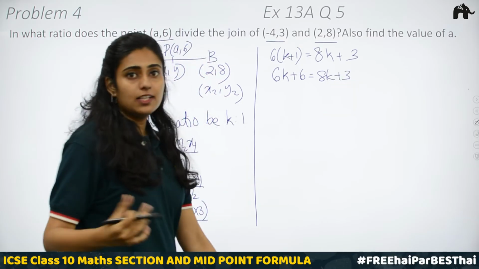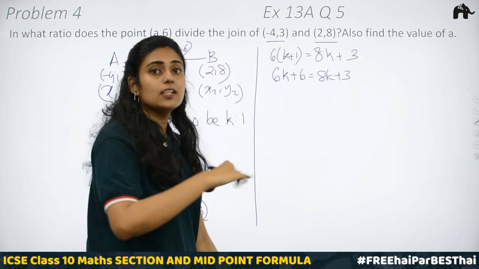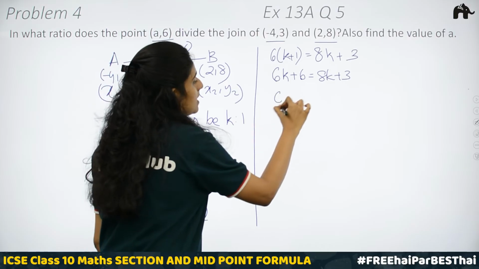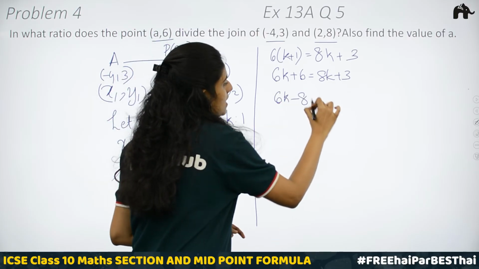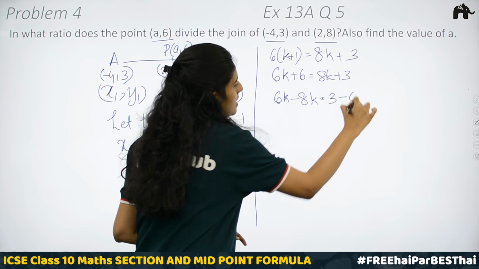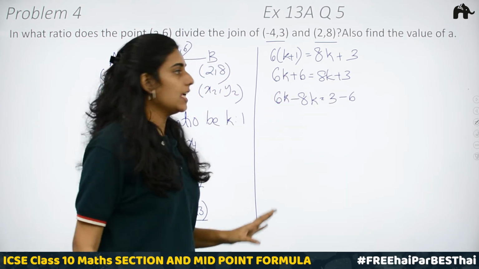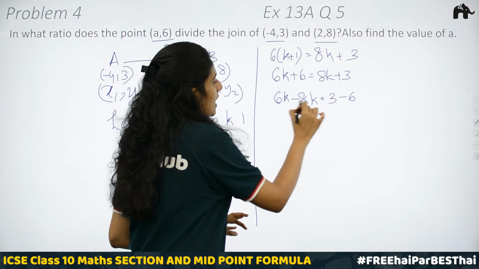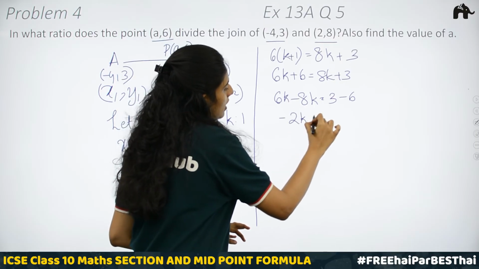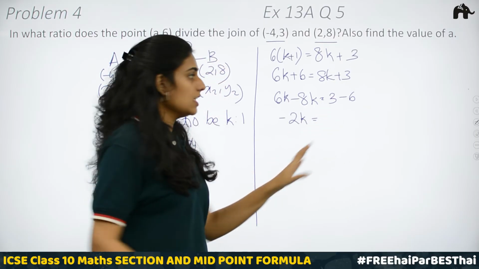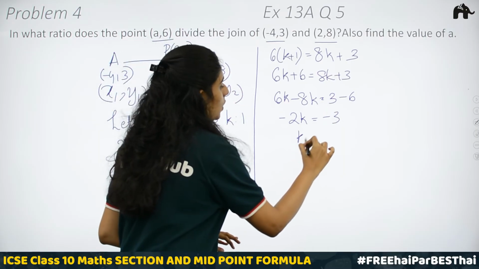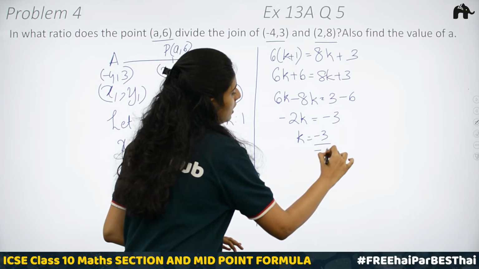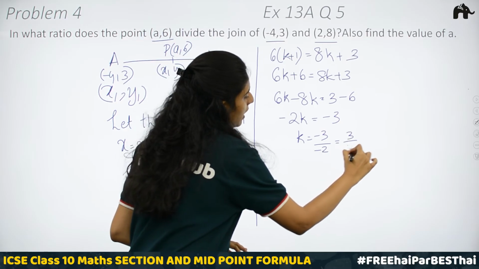Now taking all the terms containing k to one side and the constants to the opposite side, 8k becomes minus 8k. 6k minus 8k is equal to 3 minus 6. Plus 6 taken to the opposite side becomes negative. 6k minus 8k is minus 2k, equal to 3 minus 6, which is minus 3. Then what is k? k is equal to minus 3 divided by minus 2, that is 3 by 2.